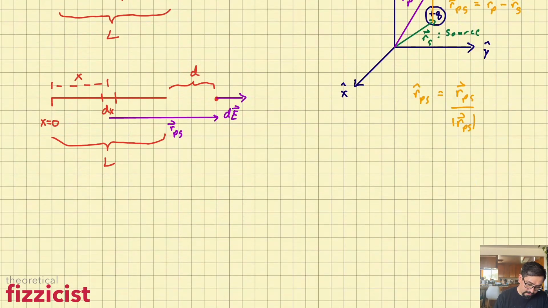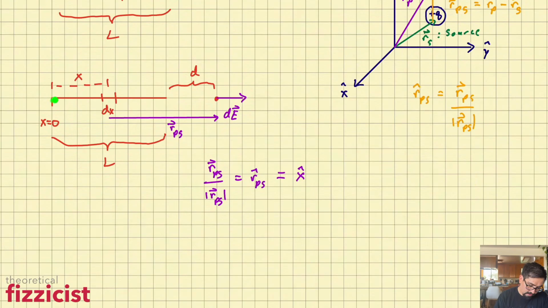Now, using unit vector notation, that makes it pretty straightforward to calculate r hat PS. Since its role is only to point, and we can tell from our diagram where it points, r hat PS is just in the x hat direction. Another really important point with regards to this problem: we're not just considering this dx.